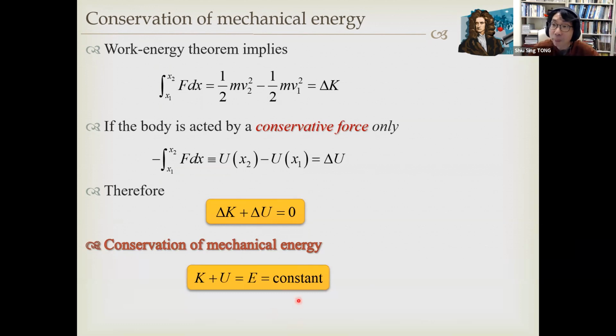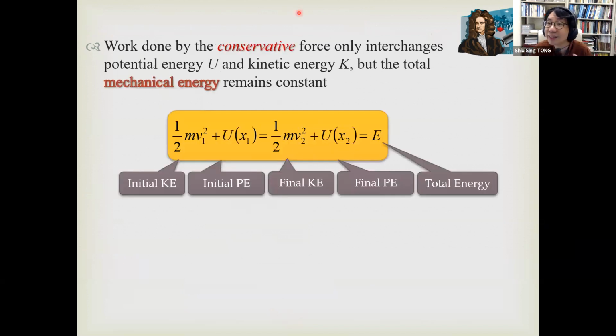The total mechanical energy is conserved. It does not change. And that is the conservation of mechanical energy. When a system is acted on only by one conservative force, the work done by the conservative force only allows U and K, the potential and kinetic energy, to exchange with each other. But the total mechanical energy remains constant. And that constant I call the total energy E. Okay.